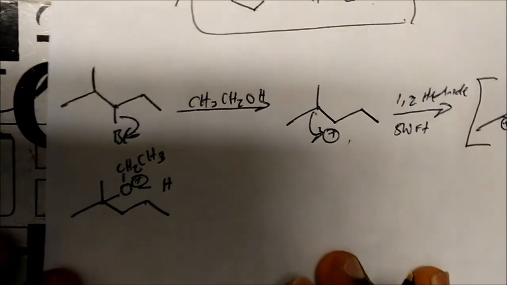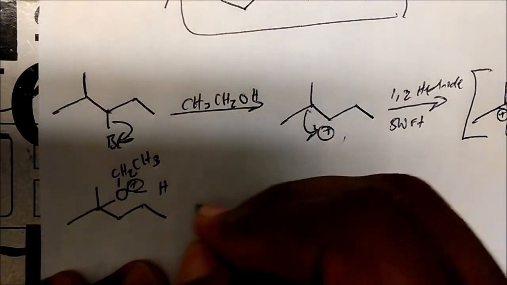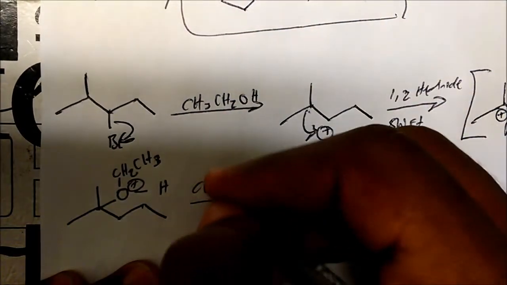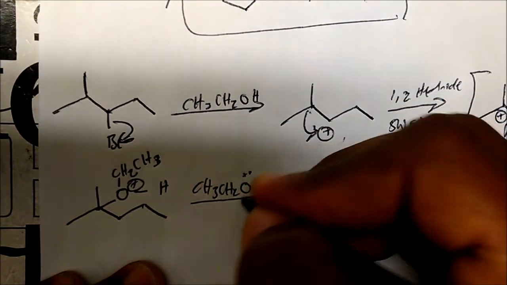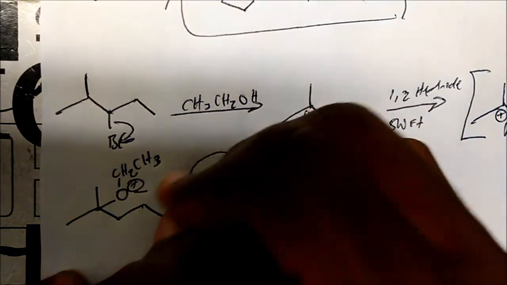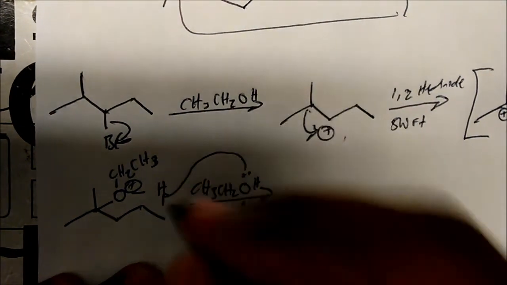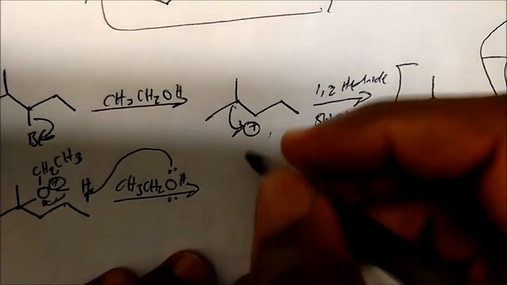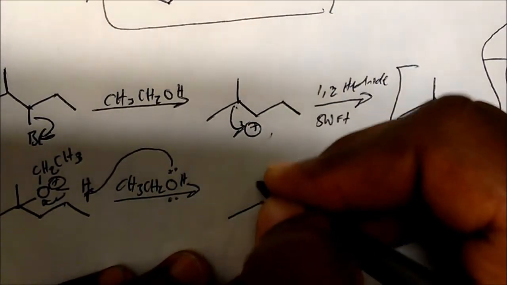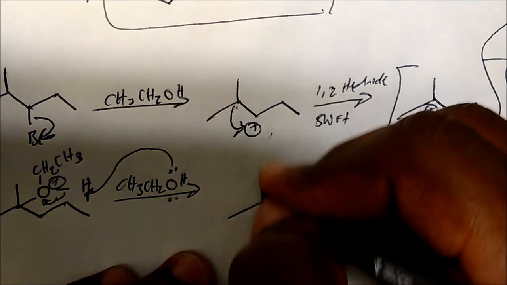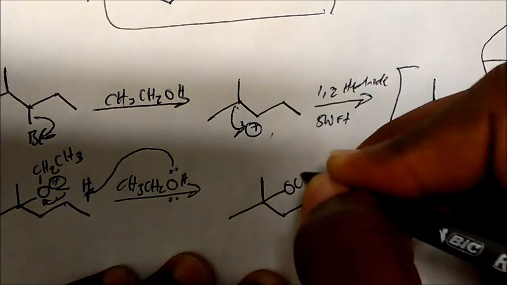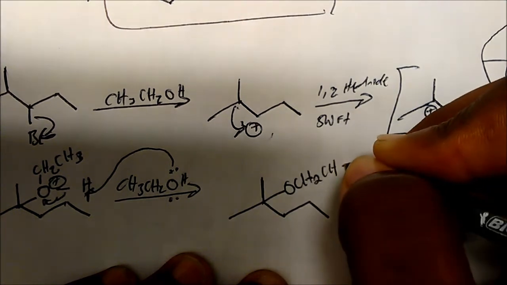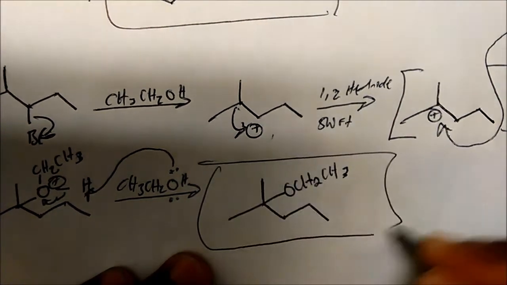Be careful of formal charges, right? And then simply another molecule of ethanol, CH3CH2OH, comes in, acts as a base, takes this hydrogen and then kicks these electrons onto the oxygen, and we get a neutral product to be something like this. OCH2CH3, and we form an ether.